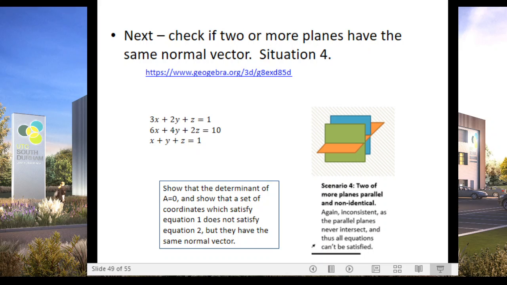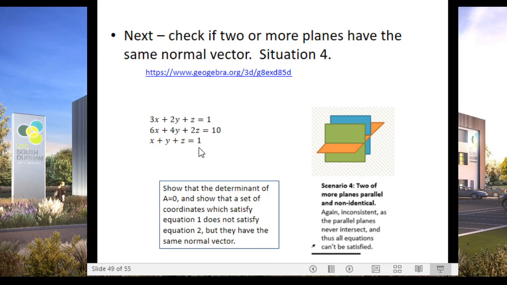If we didn't find that all 3 planes were coincident, what we have to do next is check if 2 or more planes have the same normal vector. The situation we're going to look at is this: 3x plus 2y plus z equals 1, 6x plus 4y plus 2z equals 10, and x plus y plus z equals 1.